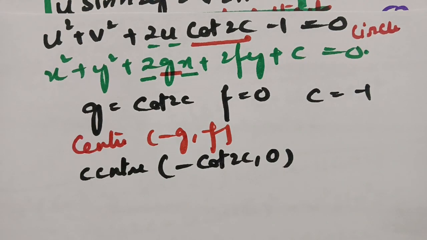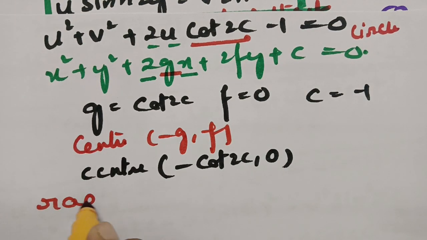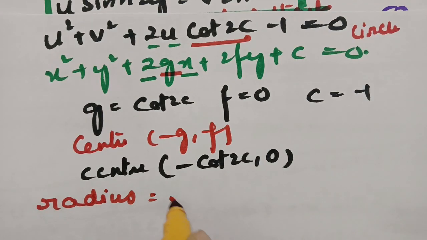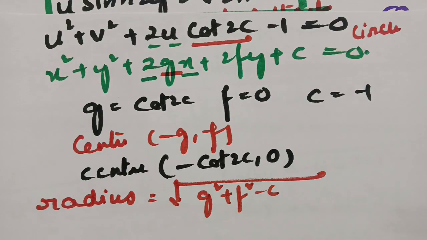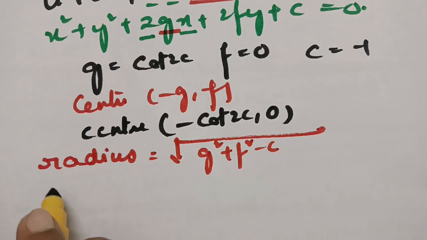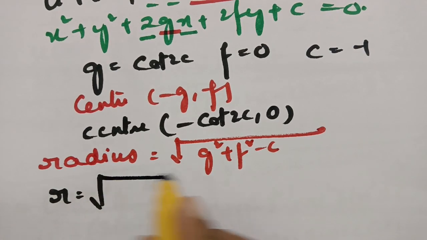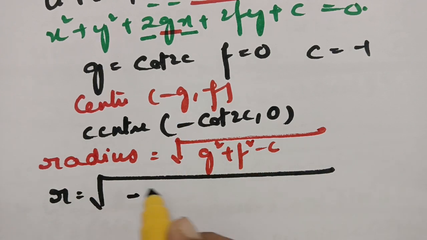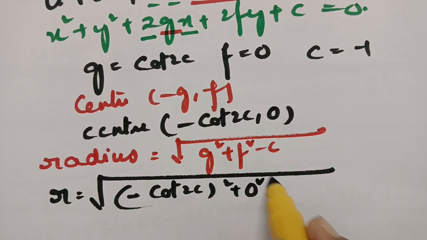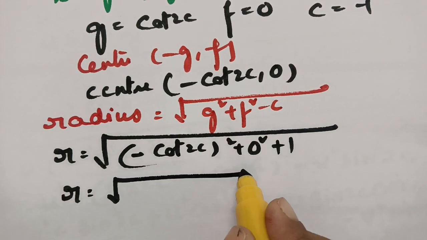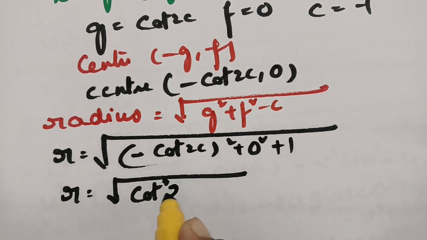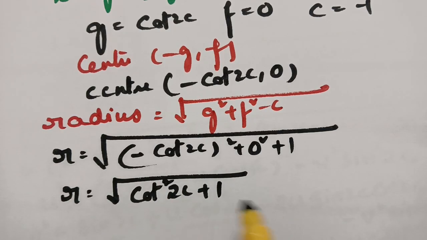Now the formula for the radius is root over g square plus f square minus c. Here g square is minus cot 2c whole square, plus 0 square, minus c, where c is minus 1, so minus of minus is plus 1. So the r value is root over cot square 2c plus 1.